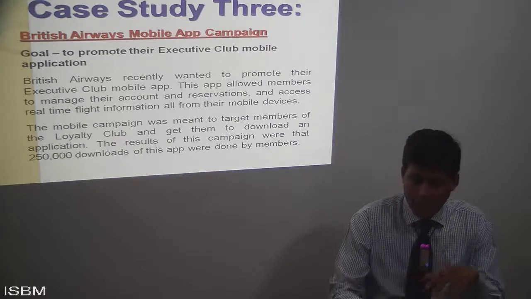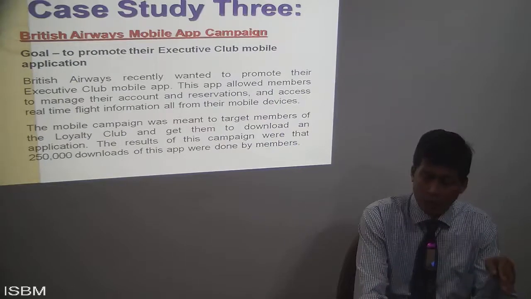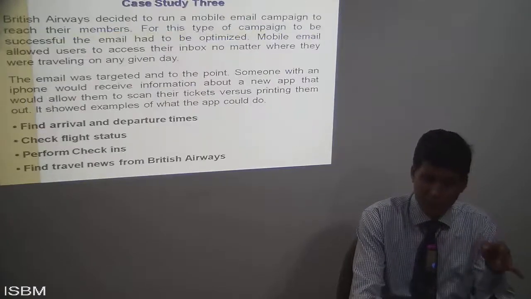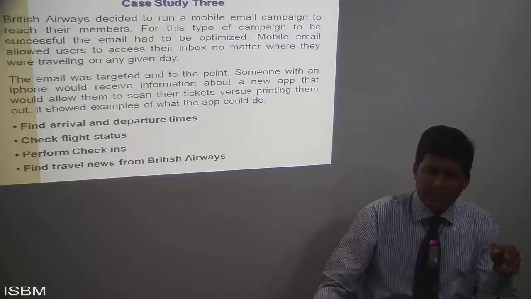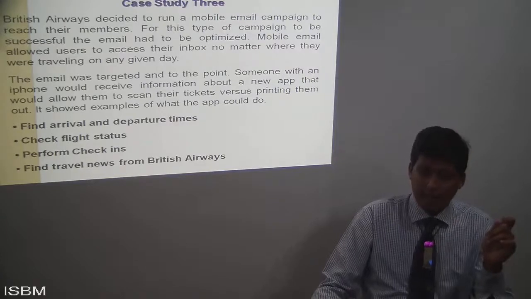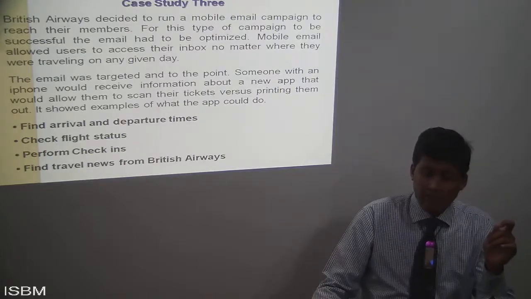That's what the objective was, and the result of this campaign was 250,000 downloads of this app by members, and that's huge. And when we say this, it means that British Airways decided to run a mobile campaign to reach their members.